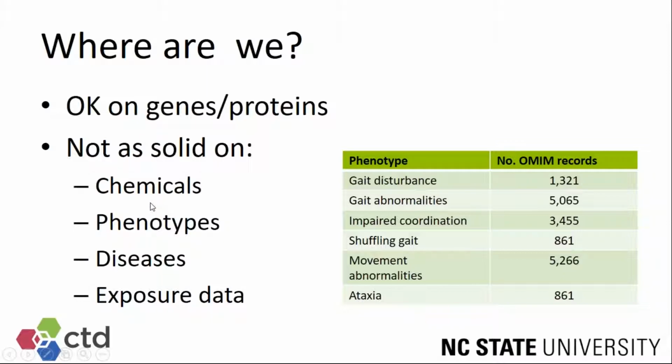While there are a lot of resources out there, we're definitely not all using the same ones. Particularly for chemicals, I think we've heard three or four different resources, and we use yet another one that has not been mentioned. And phenotypes, I stole this from Melissa Haendel, which I think is a really great description.